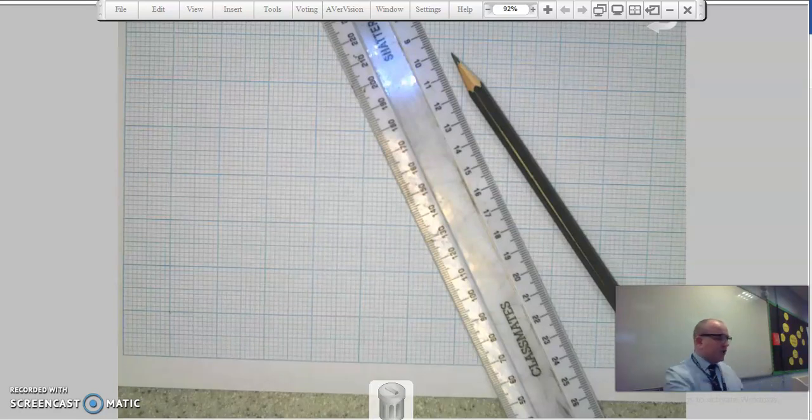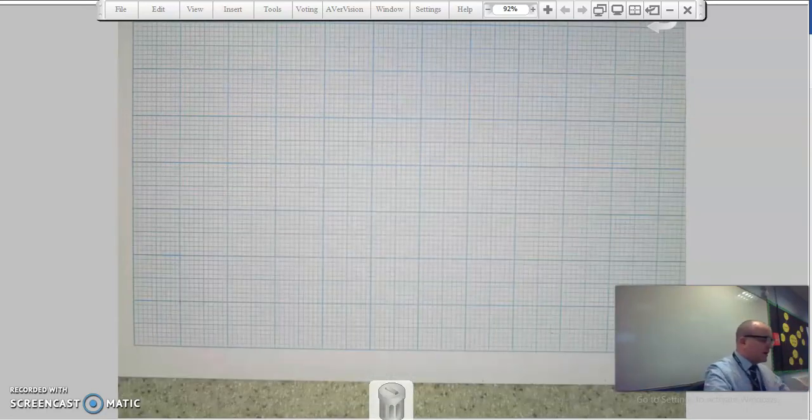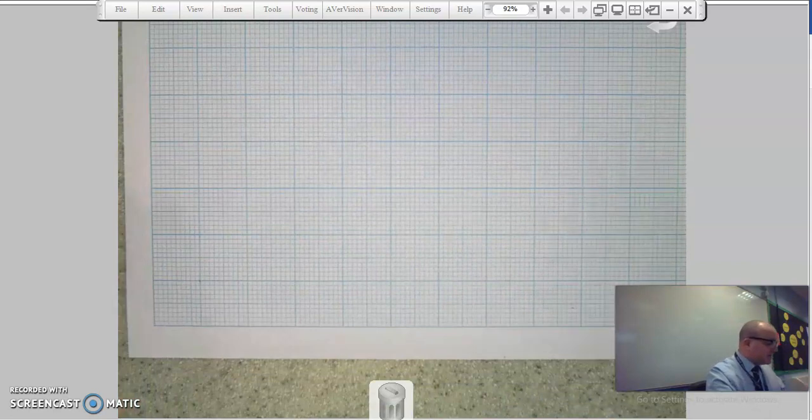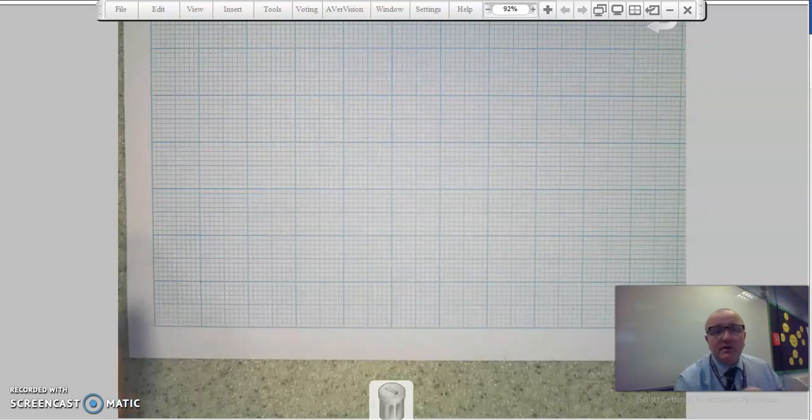Okay, so to put our results into a graph, we are going to use a line graph, because the data that we have produced is continuous. Remember, when we think about whether to use a bar chart or a line graph, if your independent variable, the thing that you changed, is continuous, it should always go into a line graph.